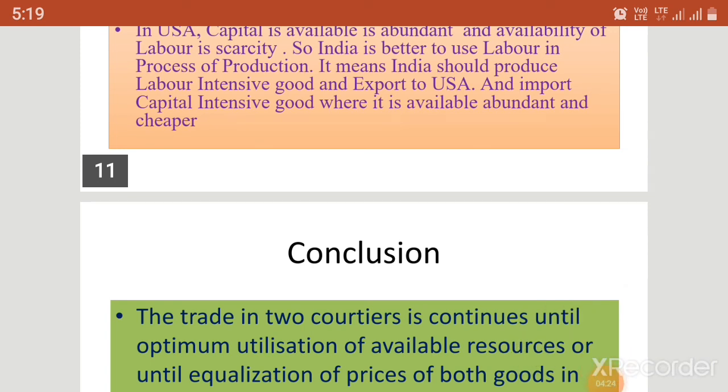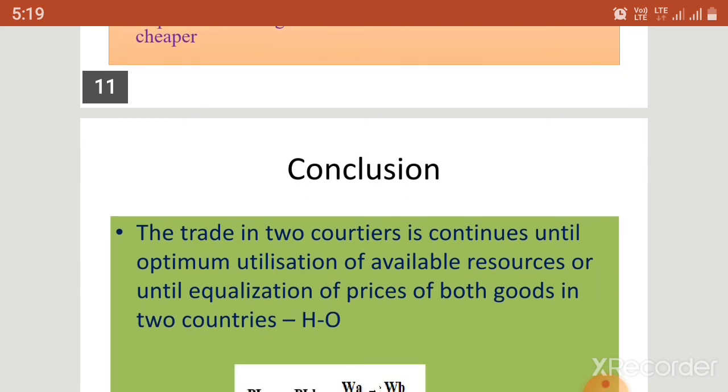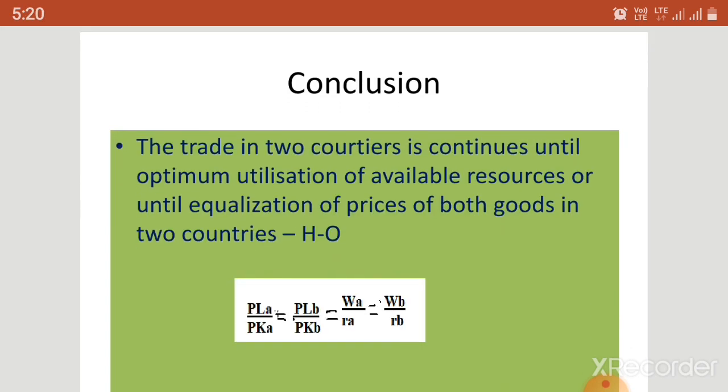Next one, the trade in two countries continues until the optimum satisfaction of the availability of the factors of production, until equalization of the availability of the resources, or until equalization of the price of both goods into one.